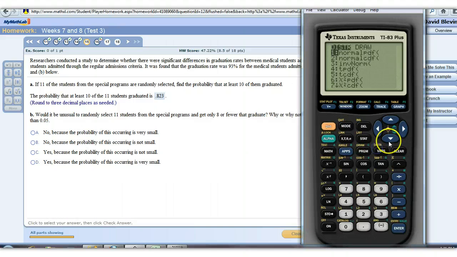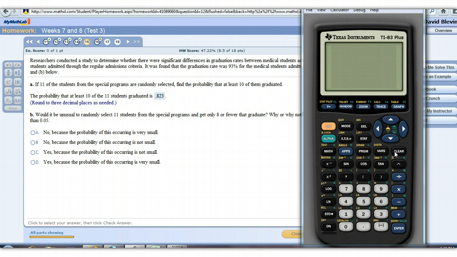I could find the probability of 0 and then I could add to that 1, and do this on and on all the way up to 8.